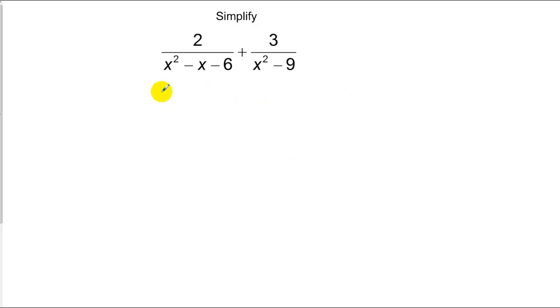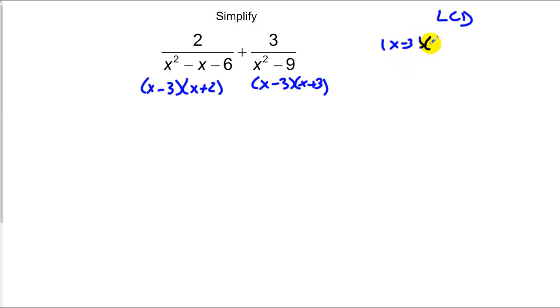Let's go ahead and go through the same process here. Factor the denominator. In both cases, you'll notice I have the x minus 3, the x plus 2, and the x plus 3 and x minus 3.